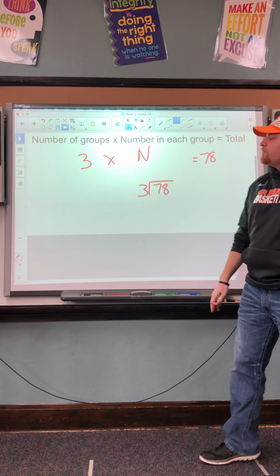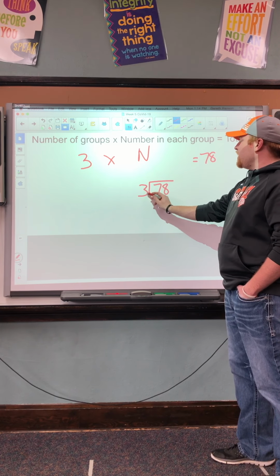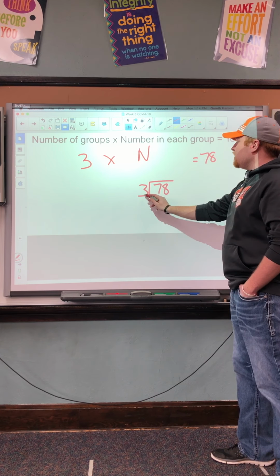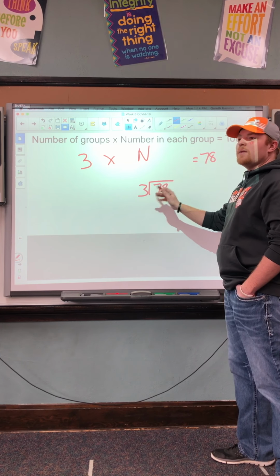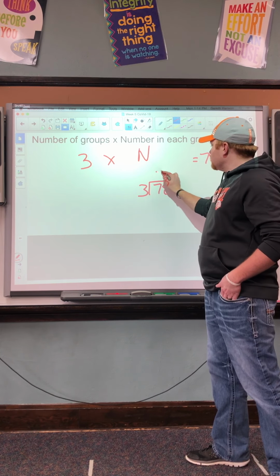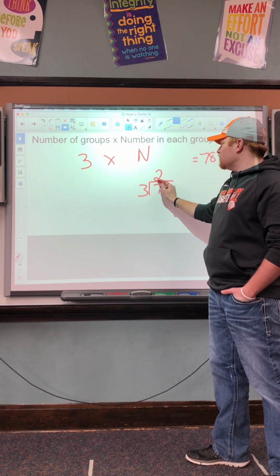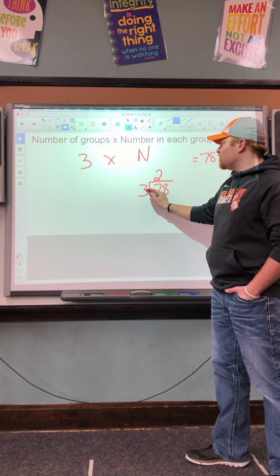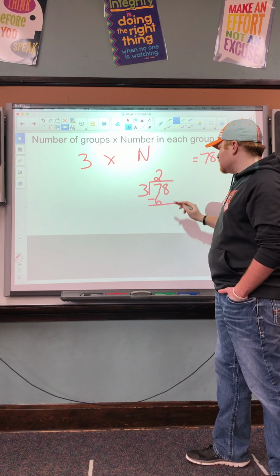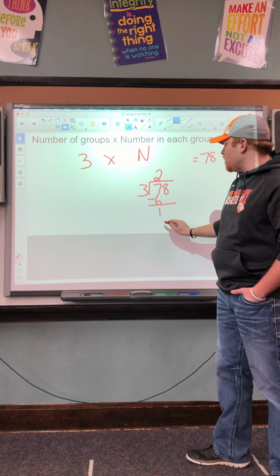Now remember, to do this, we go 3 into 7 first. 3 times what is 7, or close to 7? It'd be 2. So 2 goes above the 7, and now you multiply down. 2 times 3 equals 6. Subtract. 7 minus 6 is 1.